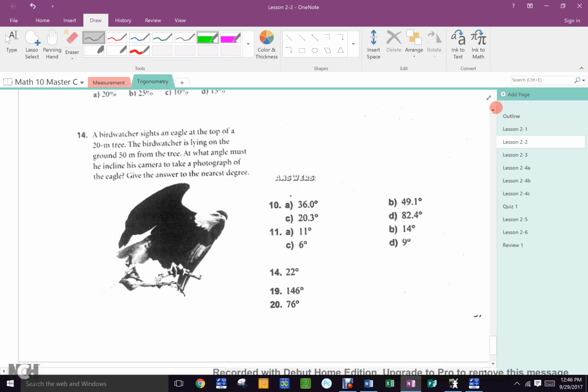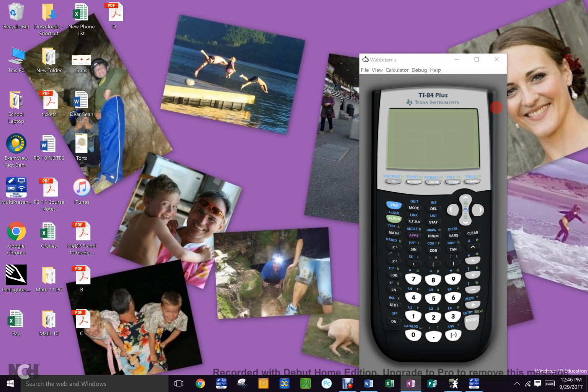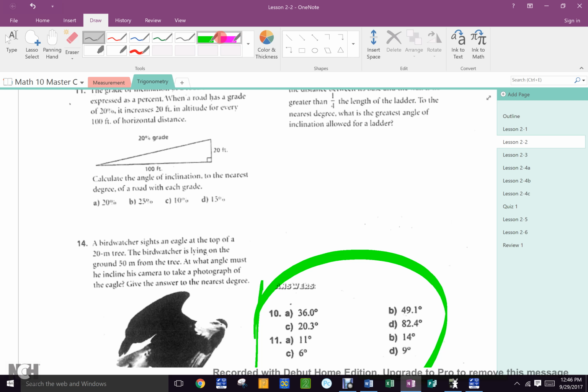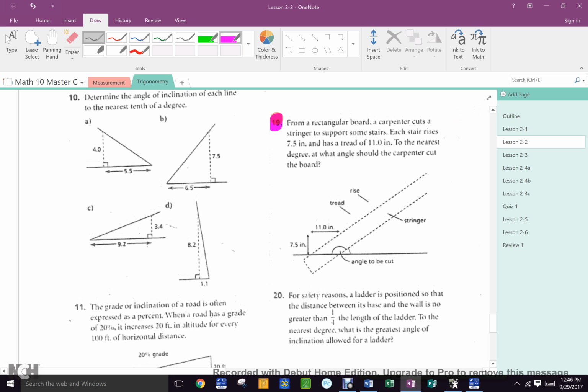If you are going to be lazy, which all of you are, at least try to do 14 and try 19. 20 is really hard. The answers are right there, yes, but that doesn't tell you how to do it. Right? Everybody good? All right.